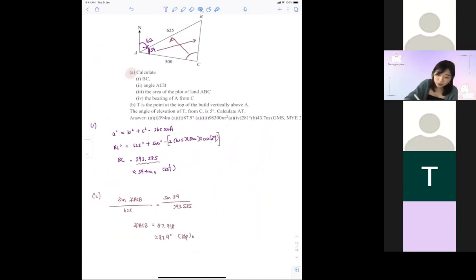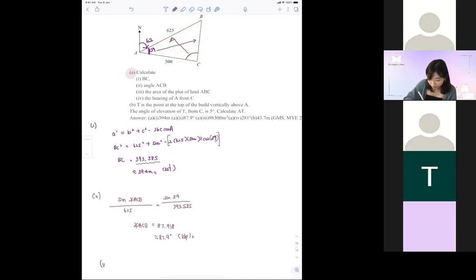Okay. Next one, you want to find the area. This is a non-right angle triangle. You must use half AB sine C. You can do this half AB sine C, or you have this one also. Up to you. I use these two, like lazy.